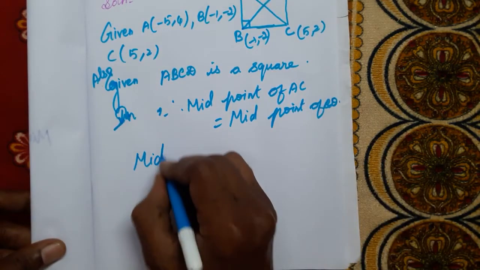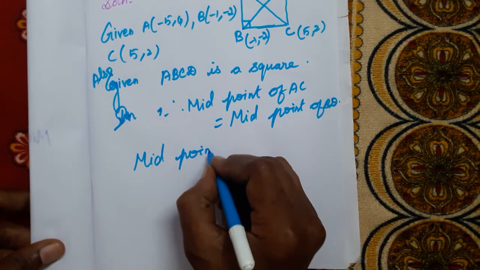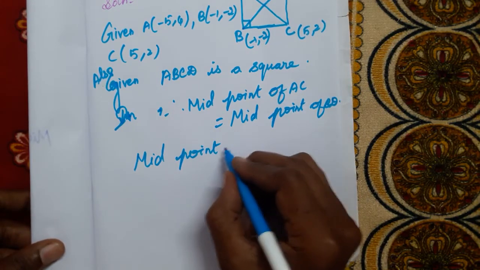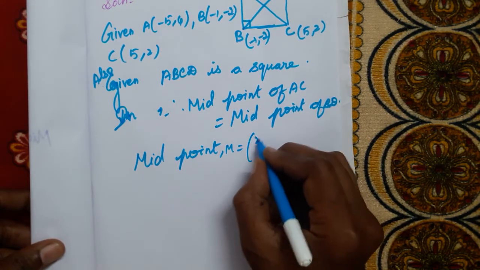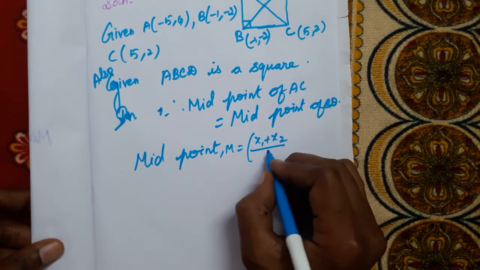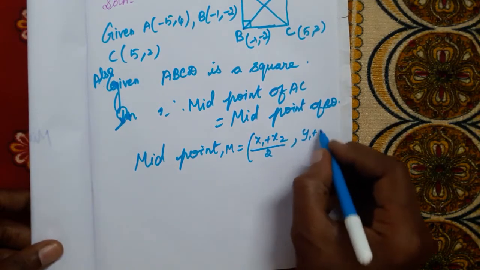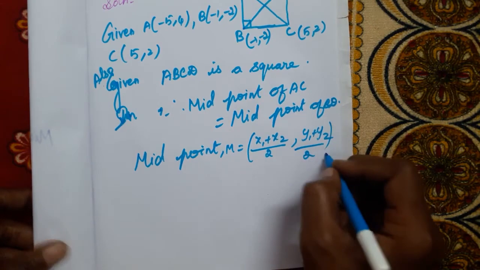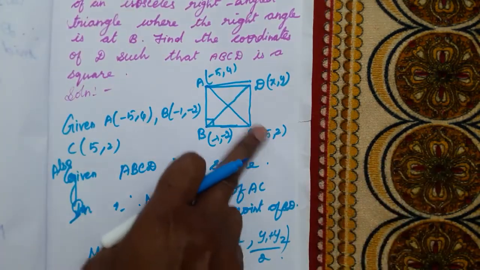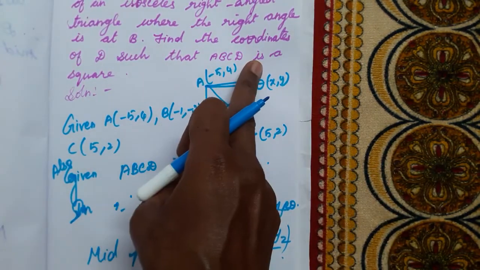The midpoint formula says M is equal to (x1 plus x2 by 2, y1 plus y2 by 2). According to the question, the midpoint of AC is equal to the midpoint of BD.